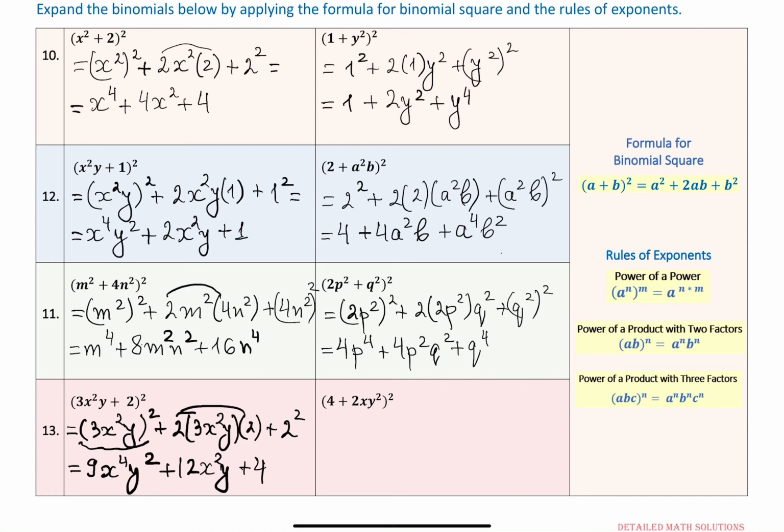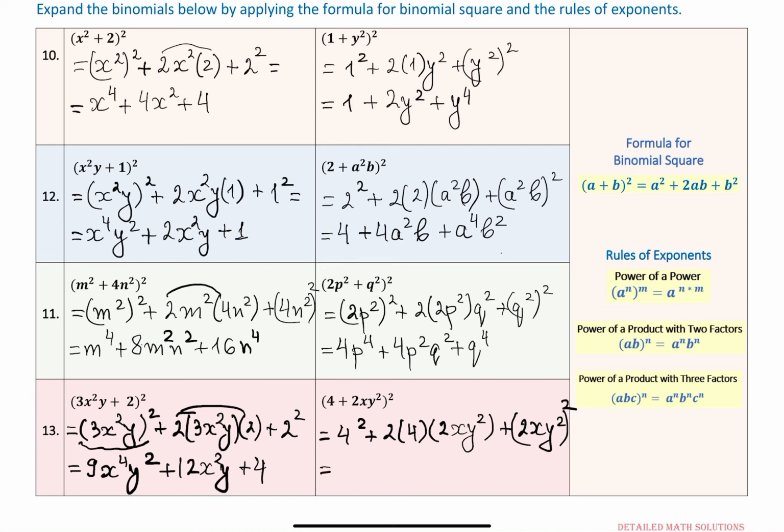Next exercise, (4 + 2xy²)² equals 4² + 2 times 4 multiplied by 2xy² + (2xy²)².